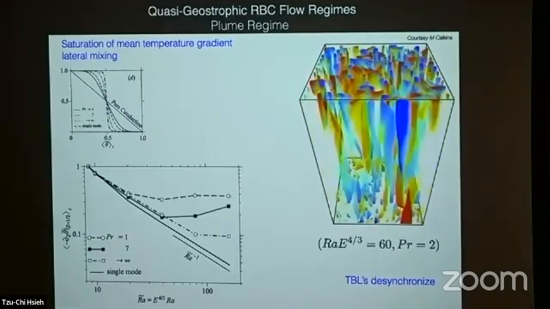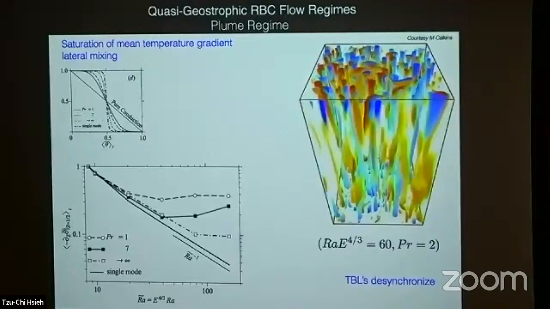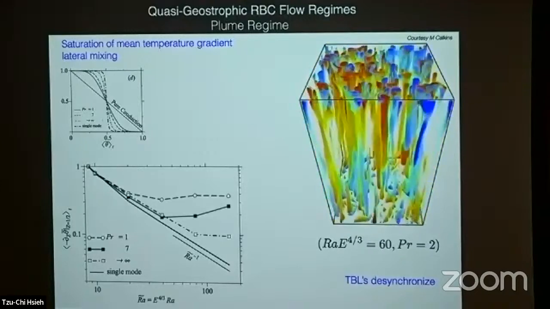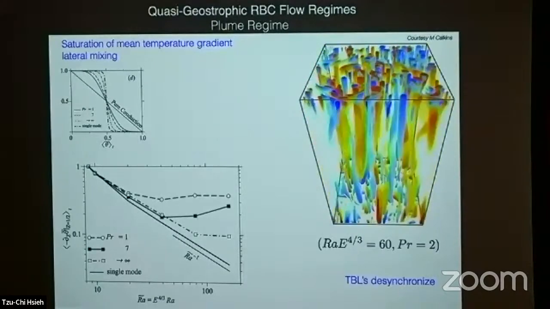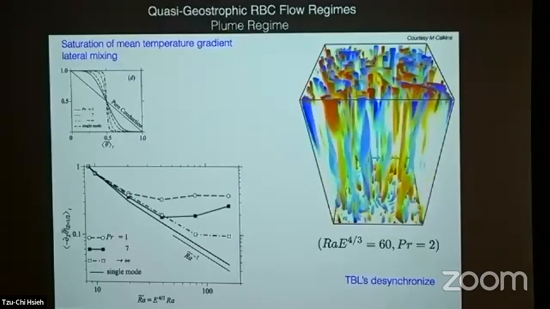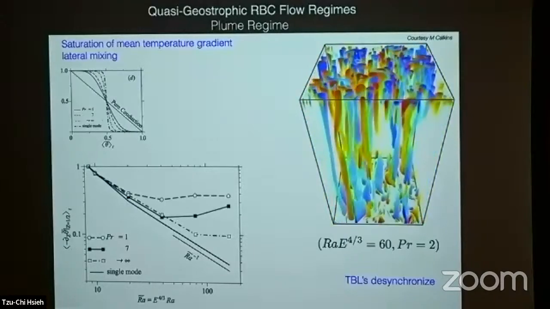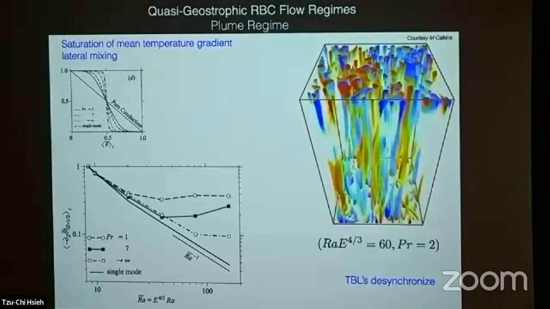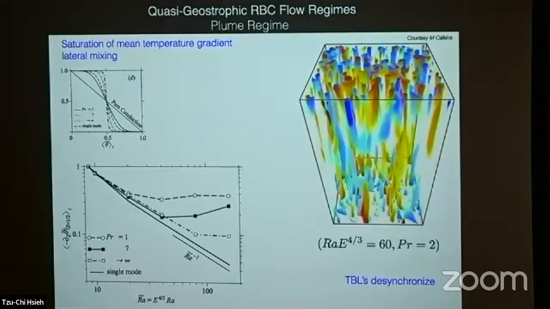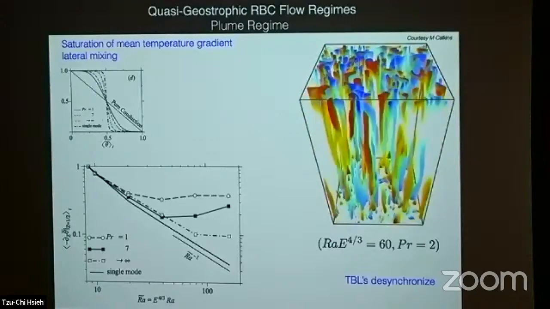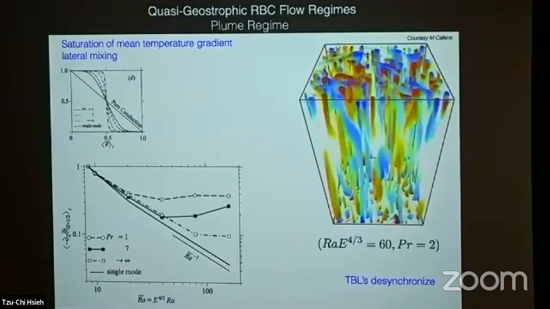So if you put that in here, and this has to be order 1 to keep this equation nonlinear, you've got Rayleigh times Nusselt. So it tells you that W squared is going to go like Rayleigh times Nusselt. So W is going to go like the square root of Rayleigh times Nusselt.